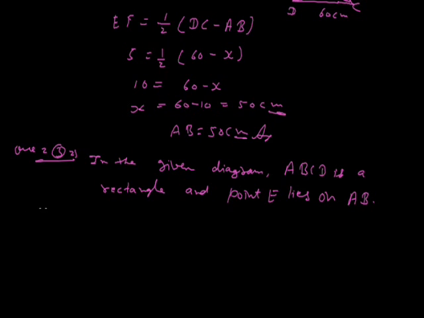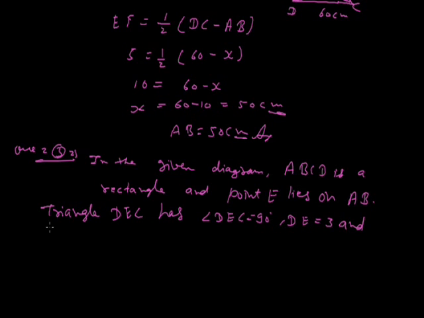Triangle DEC has angle DEC equal to 90 degrees. The value of DE is 3 and the value of EC is 4 centimeter. We just need to find the value of AD.